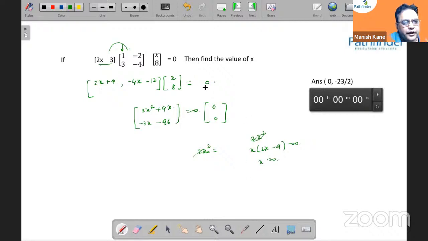See, the meaning of 0 is this whole thing is 0, right? So what are the possible values? You are getting multiple values here actually. X is equal to 0, 9 by 2, and from the element below you are getting x is equal to minus 32.